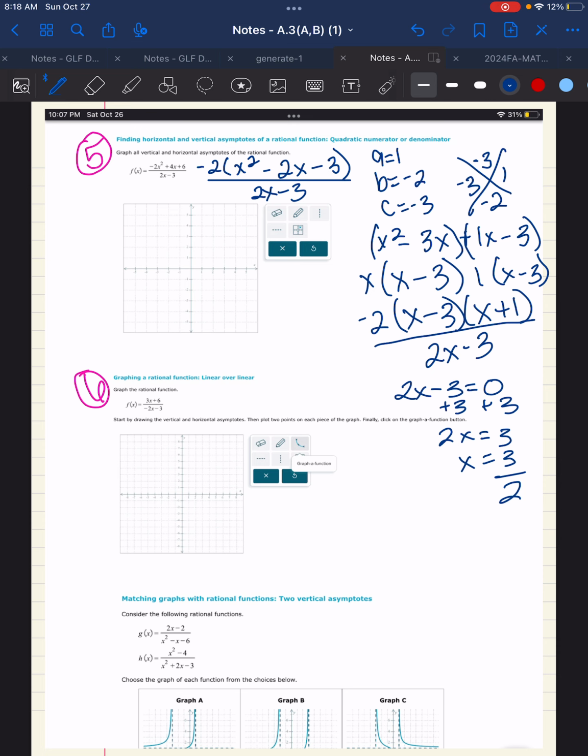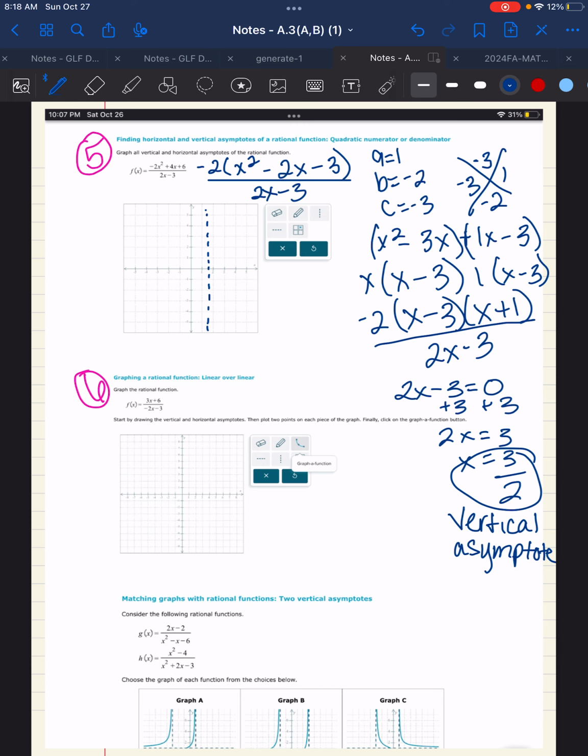What you have just found is your vertical asymptote. You found your vertical asymptote. So go ahead and graph that. It's going to be somewhere in here.